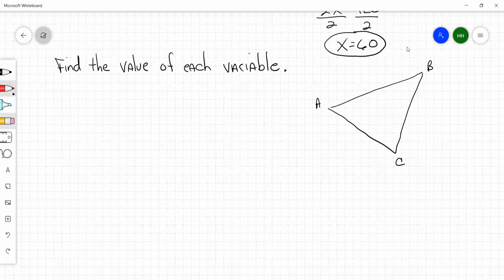We know that side AB is congruent to side AC. Side AB is 3 inches. Angles A and B are both 2x. And side BC is 4y minus 5.